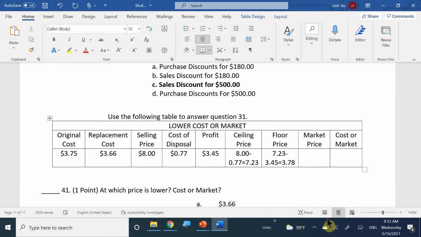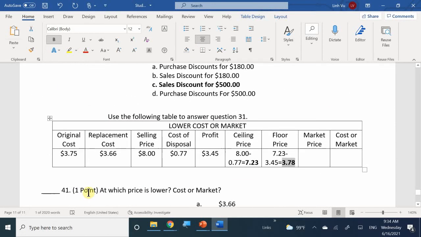$3.78. Now, the question here is I need to compare three numbers, right? I need to compare my ceiling price, my floor, and what number? My replacement. Okay, so in this case, if I place them into numerical value order, 7.23, 3.78, and 3.66.